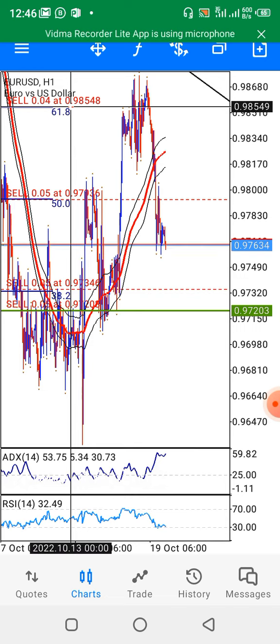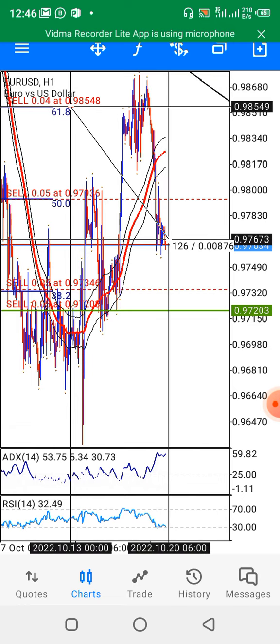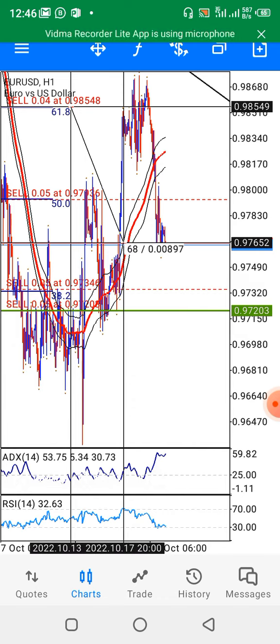Then I use one finger to click and the other finger to drag to where our price is currently at. Then I stop there and remove my hand. So what do I have here? I have 0.00897. So we trash all the 0.00 that we have here, and we only focus on 897.